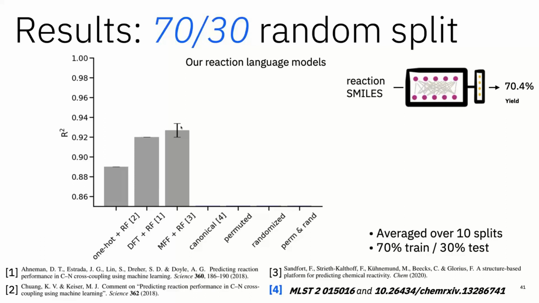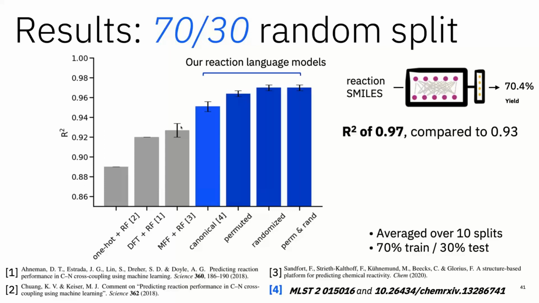So what we did is train a reaction transformer with input reaction SMILES, showing it examples of the corresponding yields and hoping that it would learn what is important for the yield. And we were positively surprised. Our reaction models really performed a lot better than previous approaches.